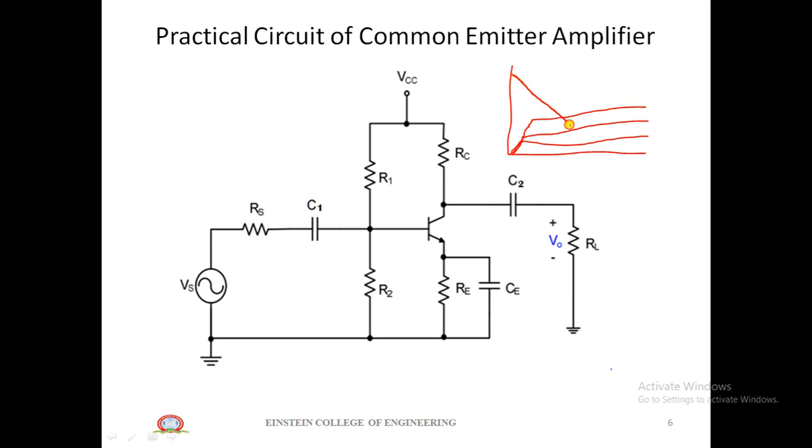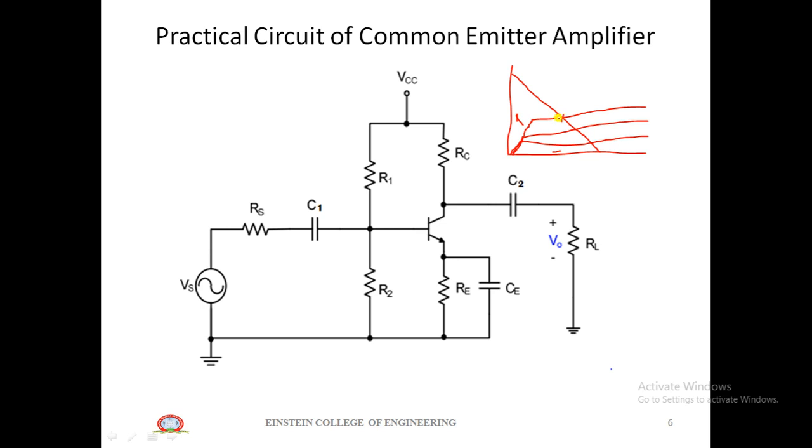So when we draw the load line, it gives the Q point. This is the saturation region and this is the cutoff region. In both regions, saturation and cutoff, the transistor is never operated, and the transistor is operated in the active region only. So in this active region, we have to select this Q point for the proper operation of the transistor.